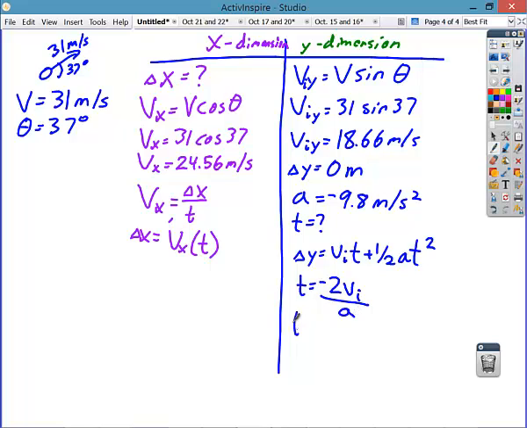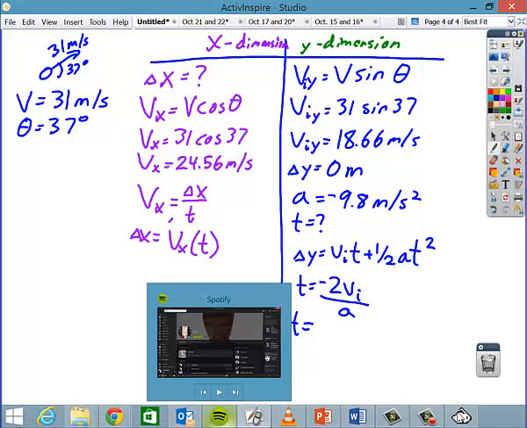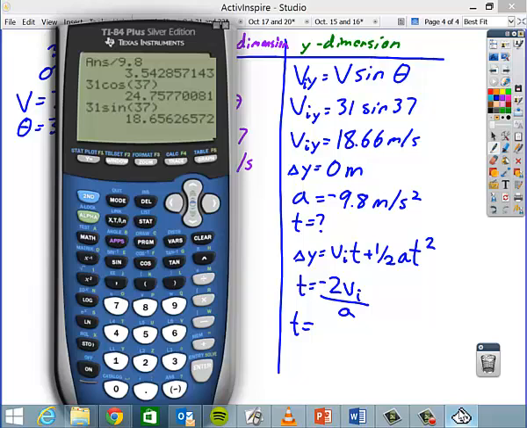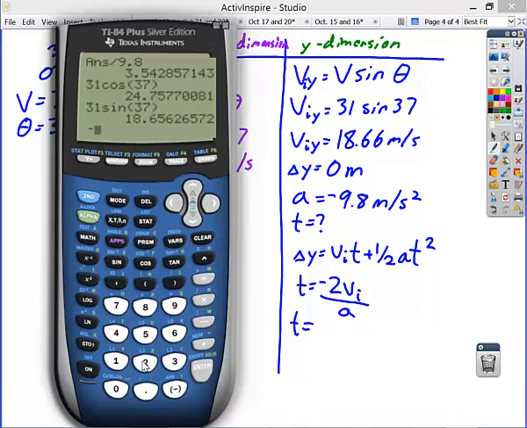Good. So time is equal to negative 2 times vi, which is 18.66.